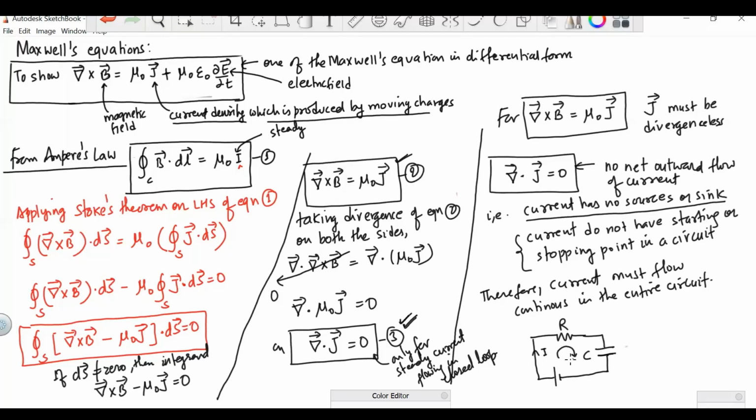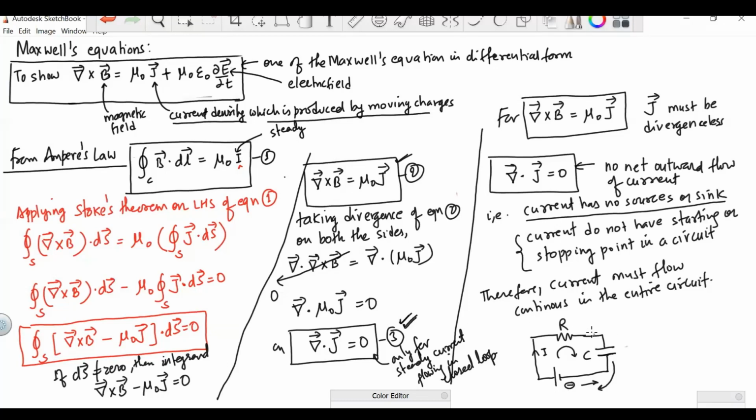And in addition to positive charge, electrons flow from the negative terminal of the battery towards the lower plate of the capacitor. And if electrons are flowing along this direction, then we can assume an equal amount of positive charge is flowing from the lower plate towards the negative terminal of the battery.